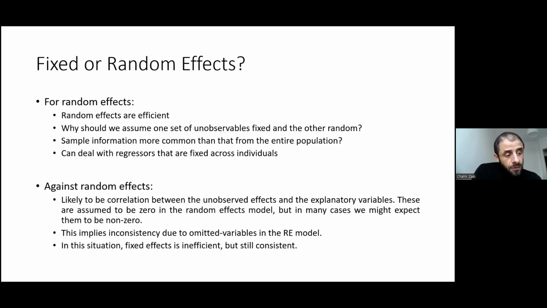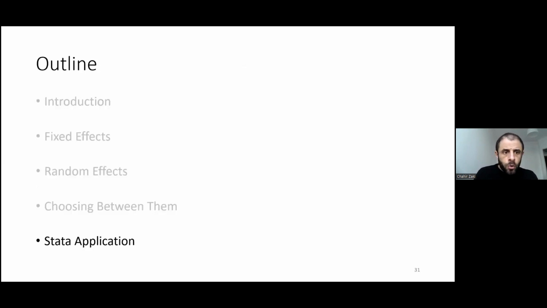Which means that if we use the random effects, we're going to get an inconsistent estimate due to this omitted variable bias, and that's why it's important to use fixed effects. Even if the fixed effects are inefficient, what's more important than being inefficient is that they are consistent. So that's a brief introduction of the fixed and random effects.